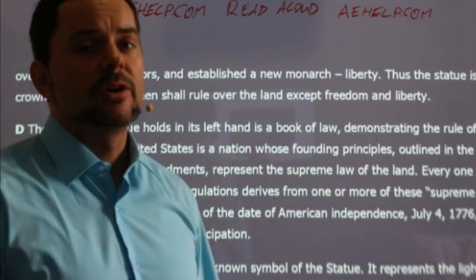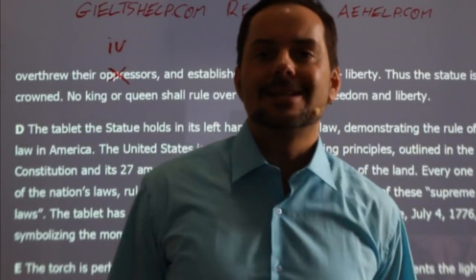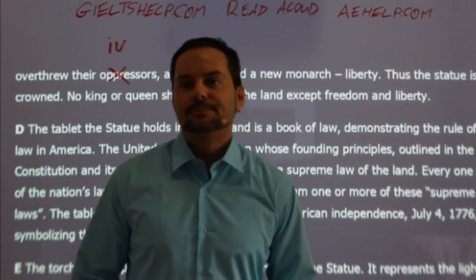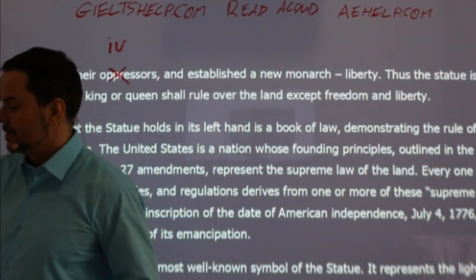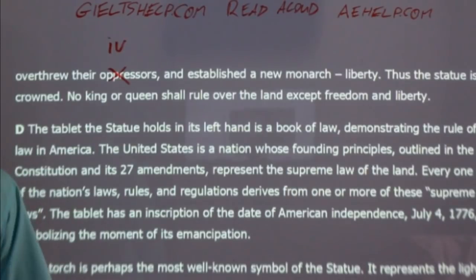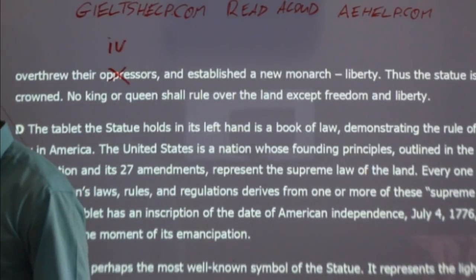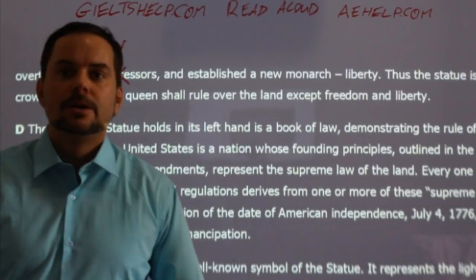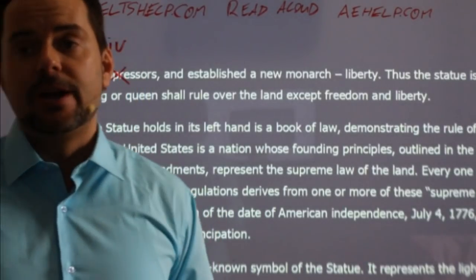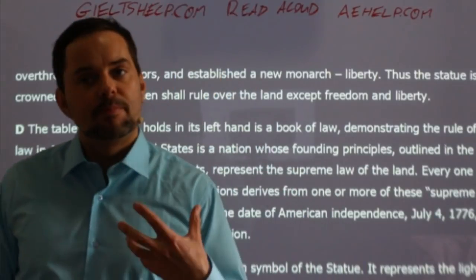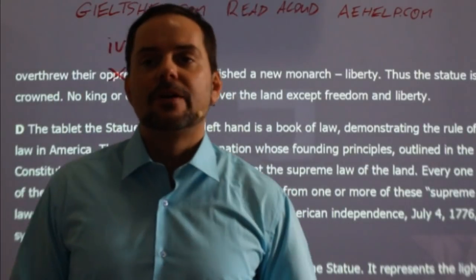Students, what is this paragraph about? So what are we talking about here? What are we reading? Well, we read about the crown, right? So the symbolism of the crown, which was a part of this paragraph.